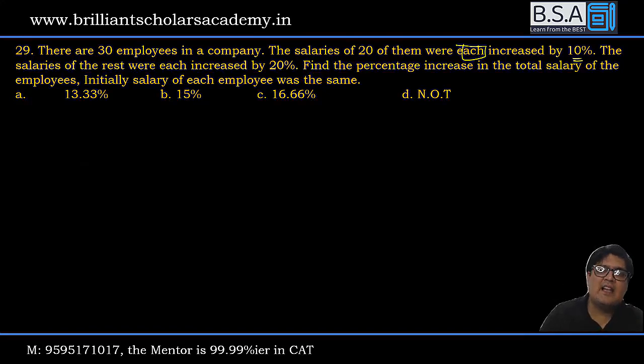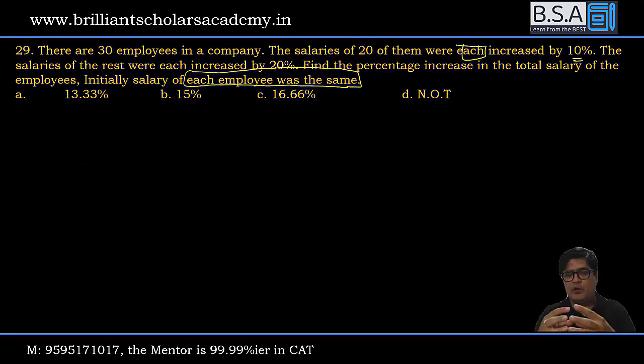Initially, salary of each employee is same. Do you get this feeling कि 30 employees को पहले break कर दिया, 20 employees and 10 employees. Now these 20 employees have a certain 10% increase. These 10 employees have 20% increase. अब दोनों को मिला के overall increase मांग रहा है.